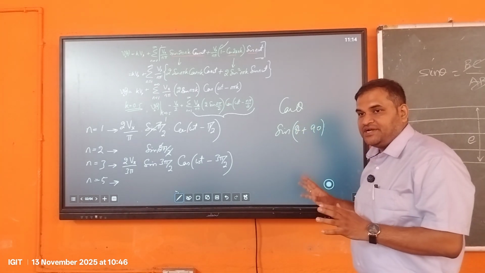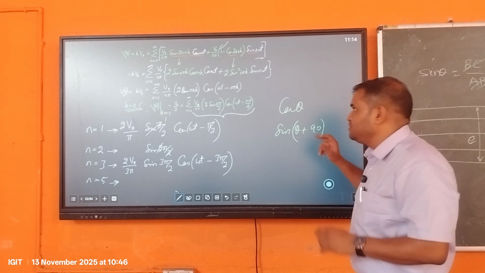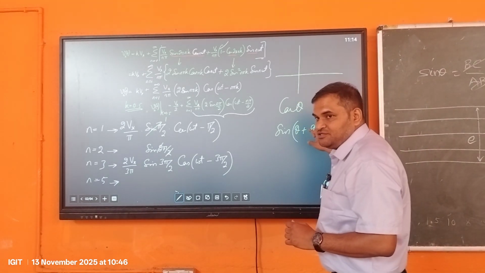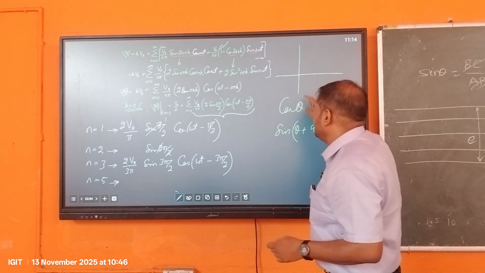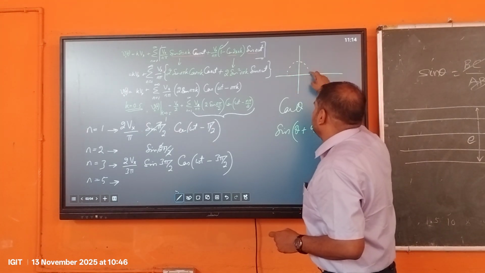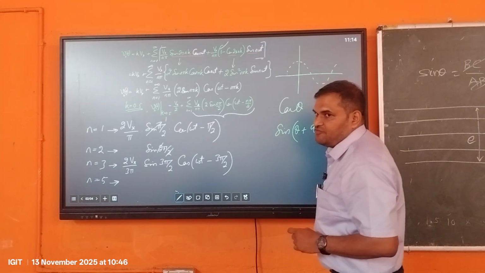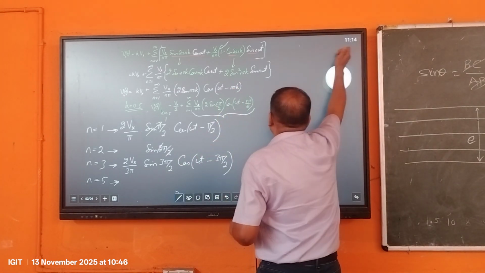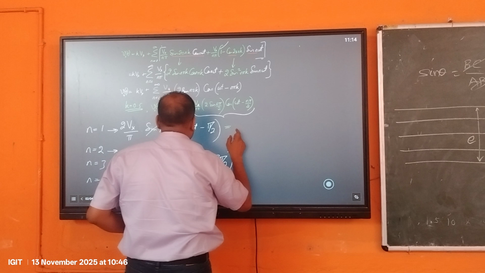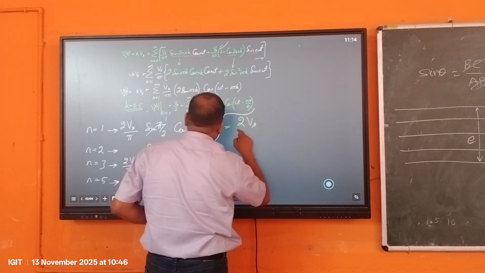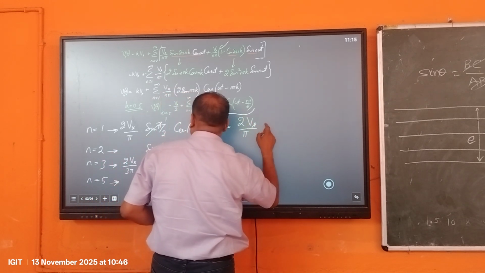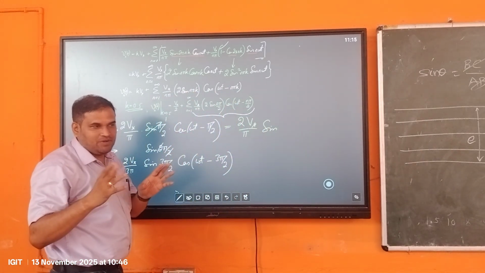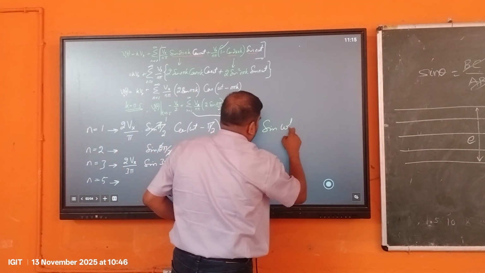Sine of theta plus 90 degree is the same as cos theta. How? Let us draw sine of theta plus 90. It will start from minus 90, and when it starts from minus 90, it represents a cosine wave. Good. So we can rewrite this as 2 Vs by pi sine of omega t minus 90 plus 90, that is omega t.